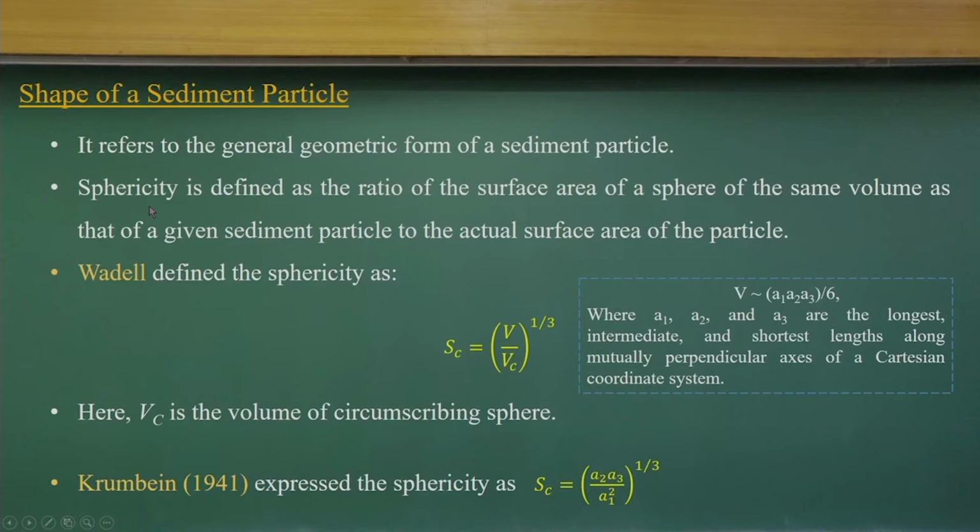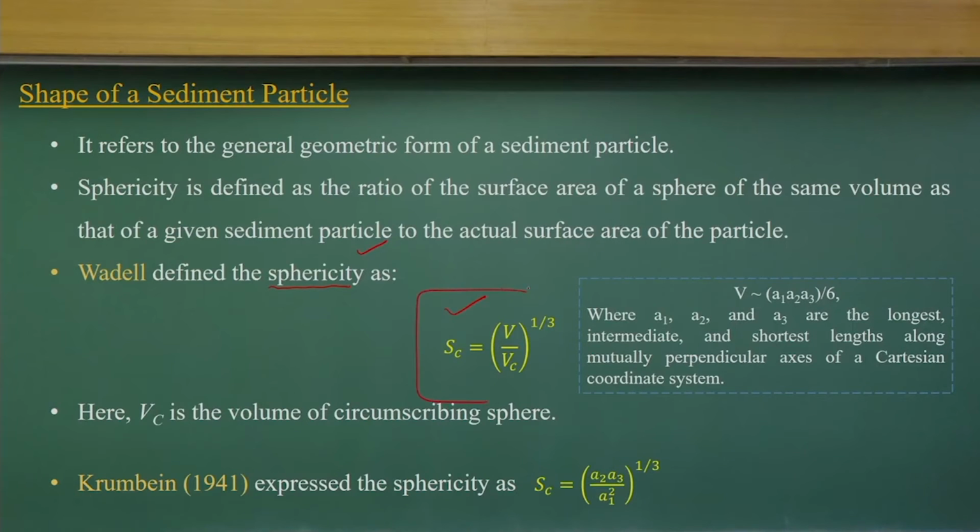Now, how do we describe the shape of sediment particles, which is necessary if you talk about nutrient transport or sediment remaining in floating conditions? Again we define sphericity, compared to a sphere.